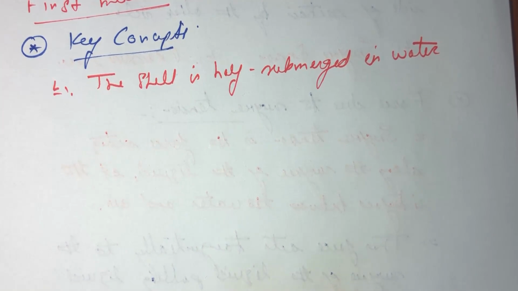So it means the total water that is being displaced by this half submerged shell will be equal to the weight of the shell plus the water which is put inside the shell and whatever air is inside the shell.